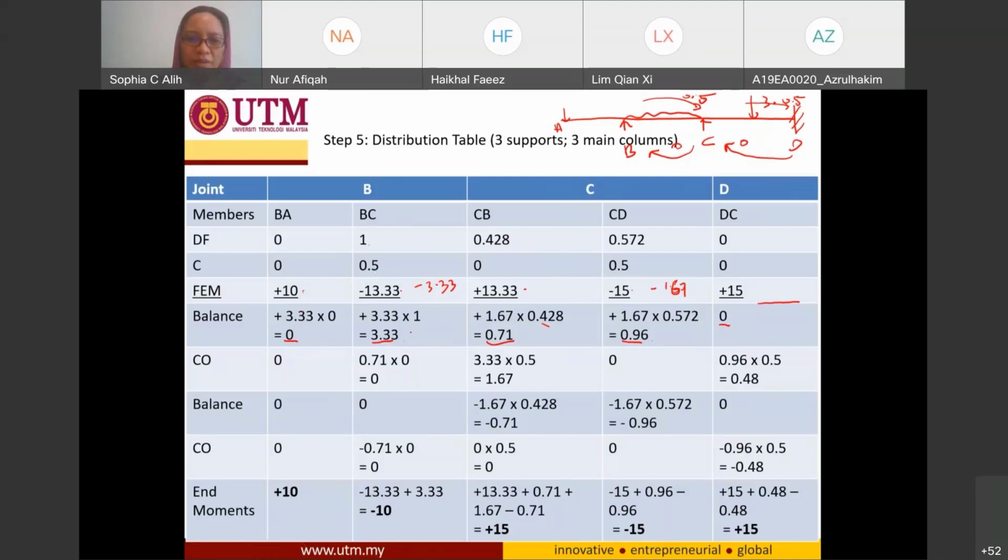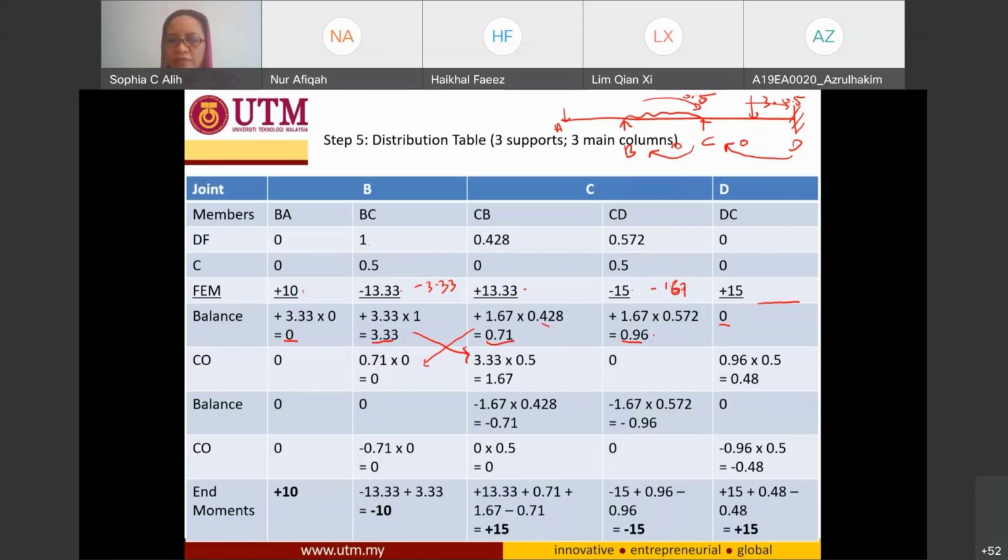So this is where I take this one, carry over 0.5. So 3.33 times carry over 0.5, I have this amount. And for this one, carry over from C to B is 0, so from this one to this one, carry over 0. Okay? And from this one, I have C to D. C to D is 0.5.